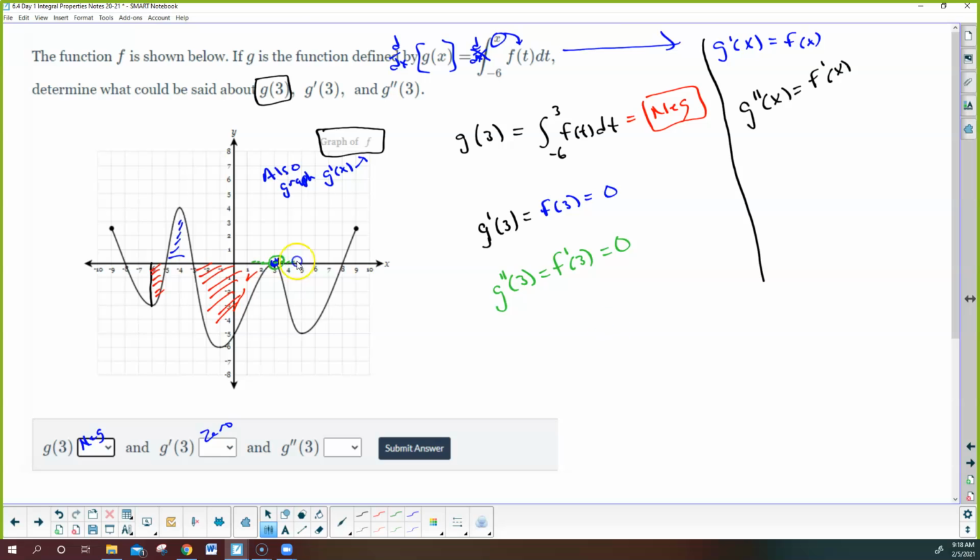If I drew a tangent line here, slope would be 0. And that's how I would fill these values in. They're going to ask you, is it positive, negative, or 0? Now, if I had my point elsewhere, like let's say it was right here at 7, then you would know that g double prime of 7 is positive because that's a positive slope. Okay.